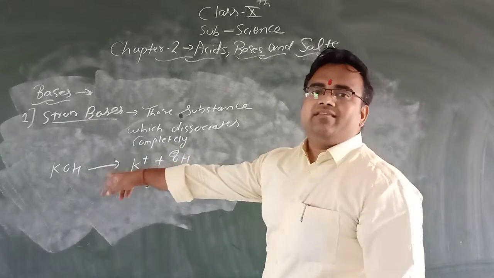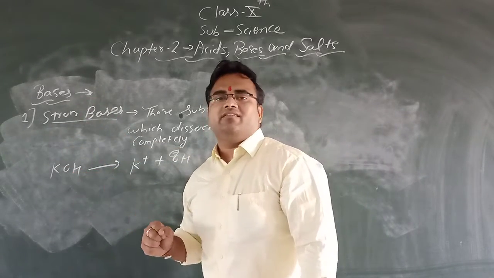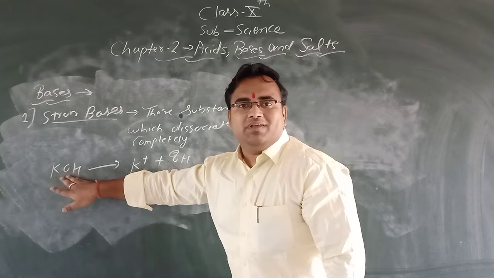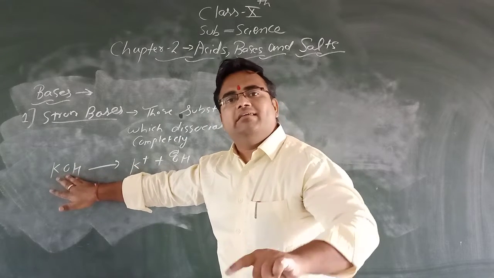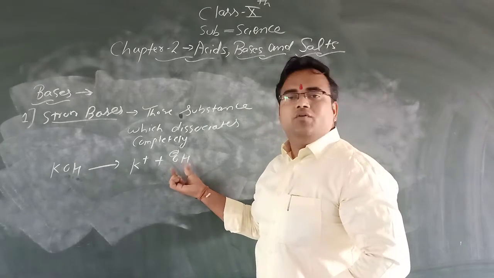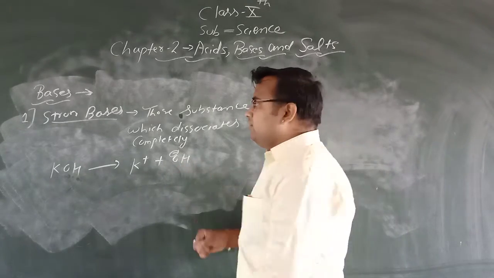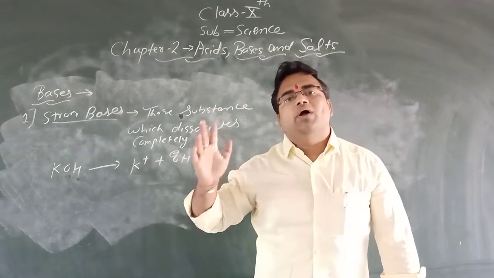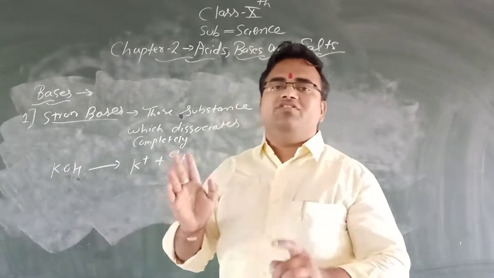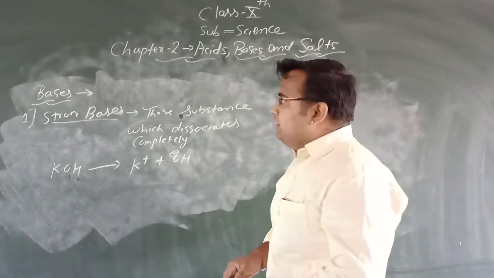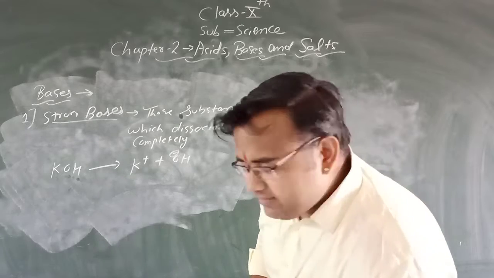Why is potassium hydroxide a strong base? Because on the left-hand side one OH is present, and that one OH is completely free in the product, in the form of the ion. So strong bases are those substances which release OH minus ion completely, or dissociate completely into their aqueous solution.